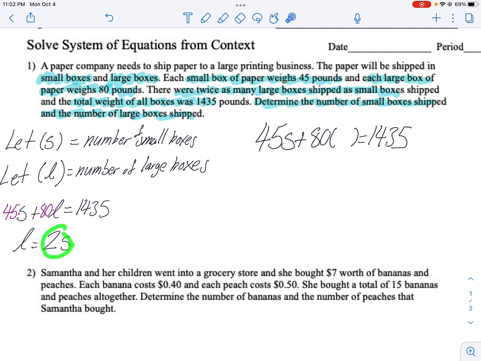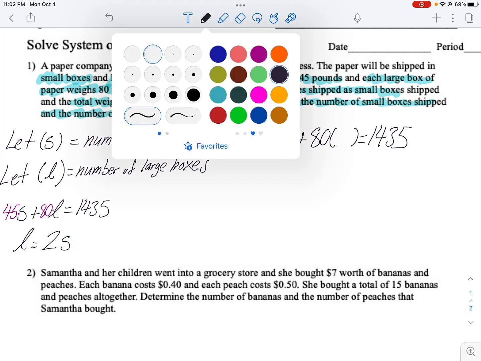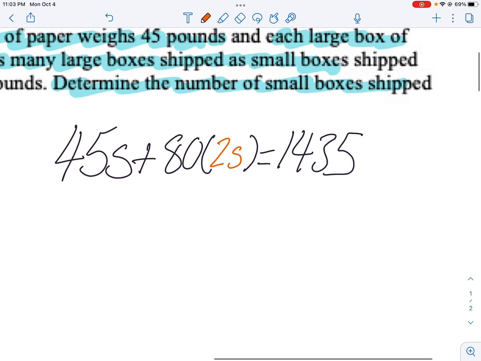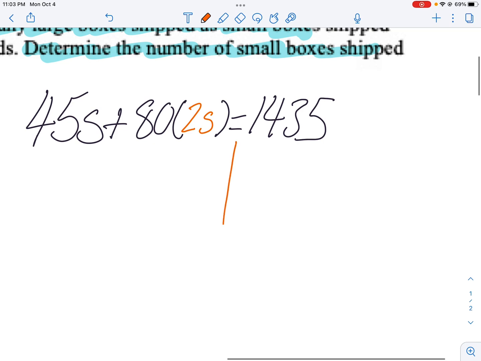We multiply these two: 80 times 2 is 160S, and I bring down my 45S.